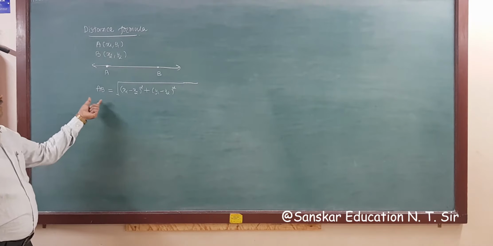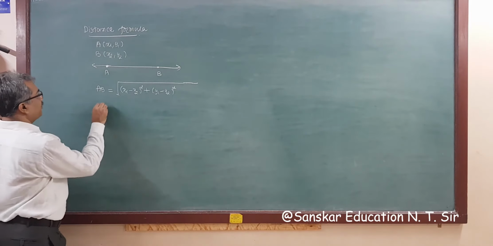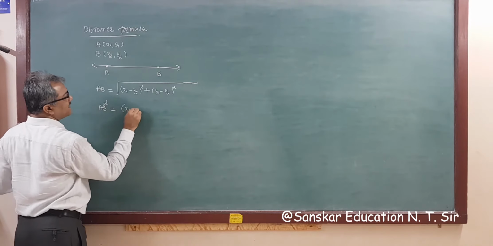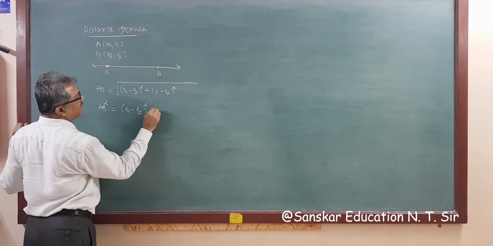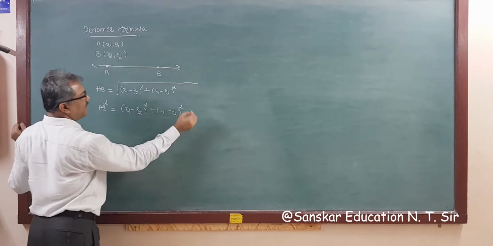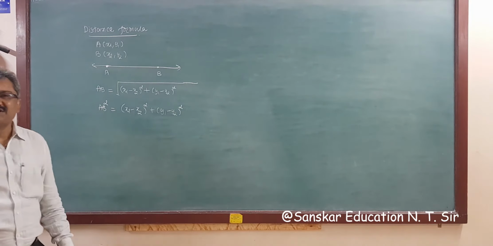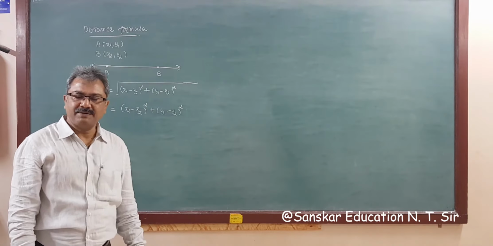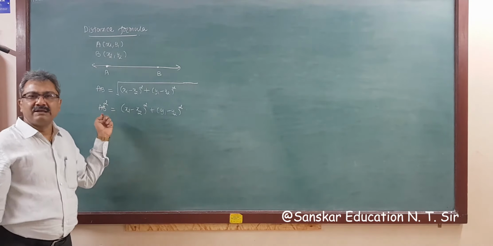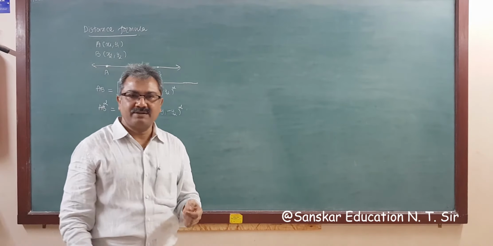And if you want to square this, then the distance formula will be AB square is equal to (x1 minus x2) whole square plus (y1 minus y2) whole square, right? So this is your distance formula. Using this formula, you are able to find the distance between 2 given points.